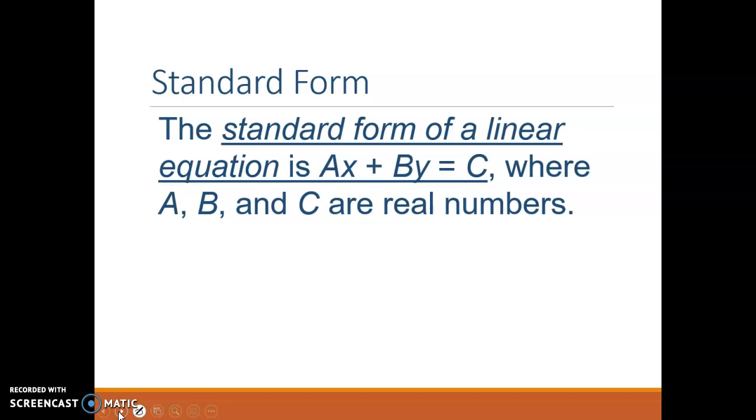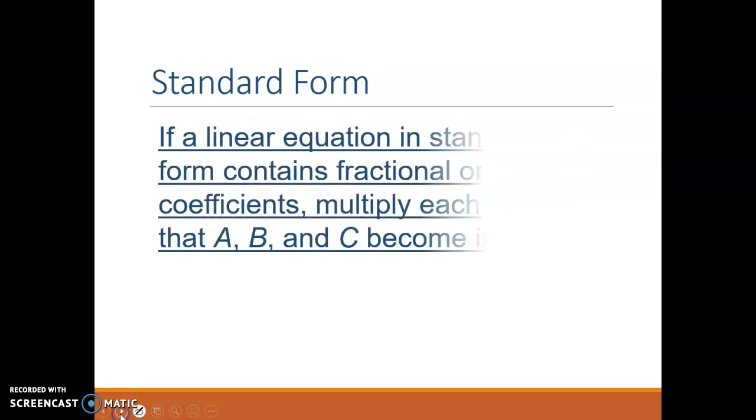The standard form of a linear function, a linear equation, is ax plus by equals c, where a, b, and c are real numbers, and x and y are our variables that we can use to represent our data on the xy plane, the Cartesian plane.